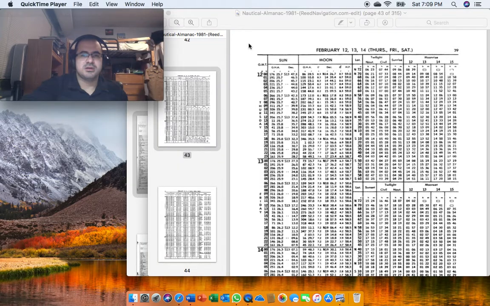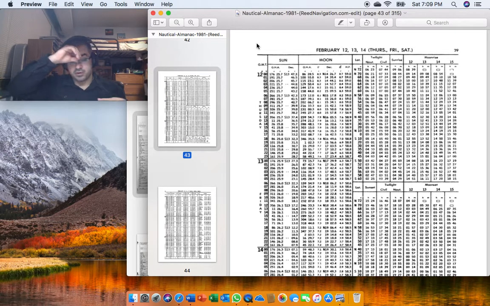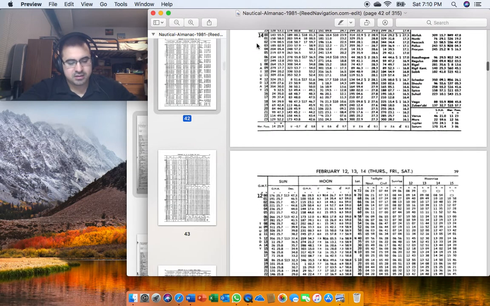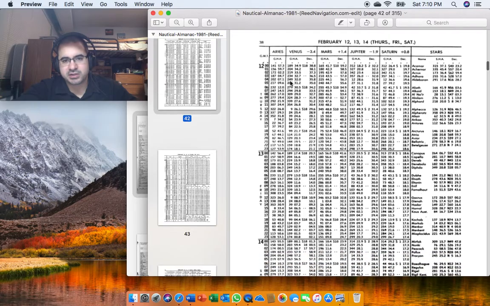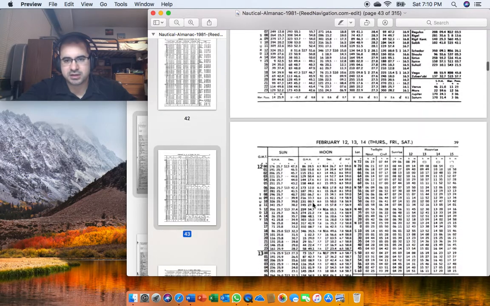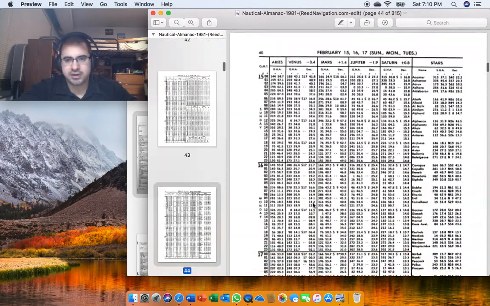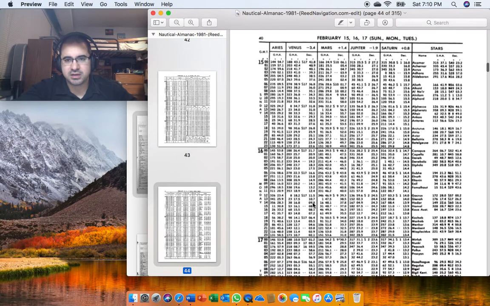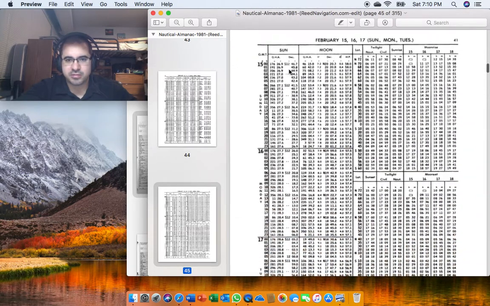And on the left side, you're gonna have your GHA of Aries, Venus, the planets, and the stars, right? So, as I said, left side of the book is gonna have this, right side is gonna have this, same dates. So 16, we're doing the right side of the book.